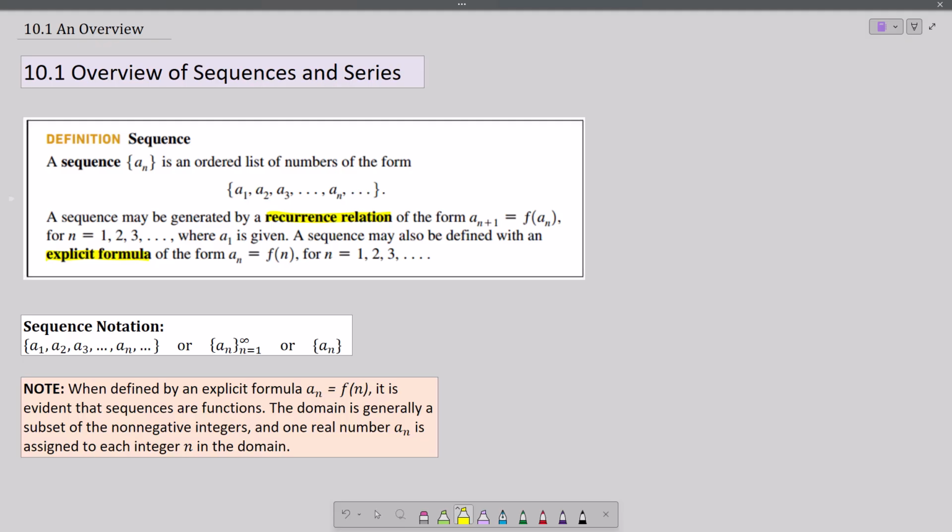So we're going to have a formula that says, this is how we're going to generate the terms in this sequence. This formula is a function, and that function is telling us how we're going to find each of the individual entries in the sequence. A recurrence relation, you build a subsequent term by doing something to the prior term.